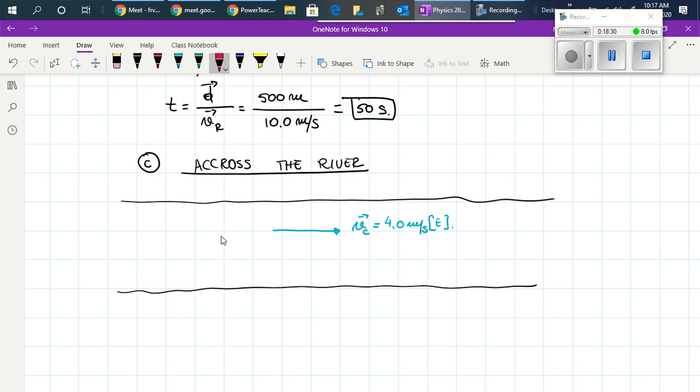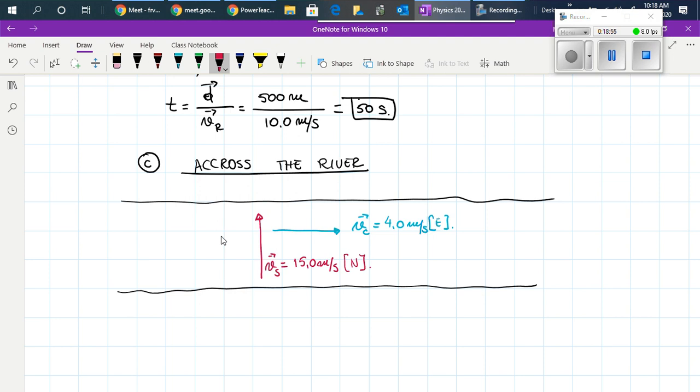But you as a swimmer will swim with a velocity of, let's say, 15 meters per second. And since you are going across the river, that means that you are going north.